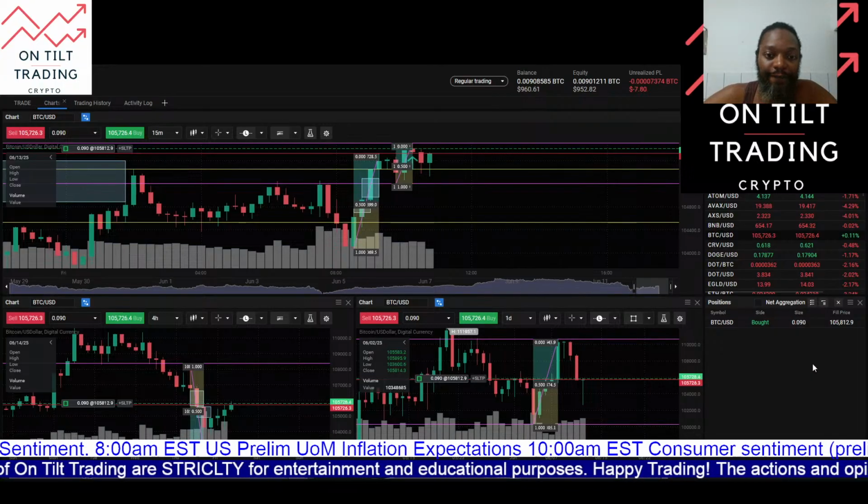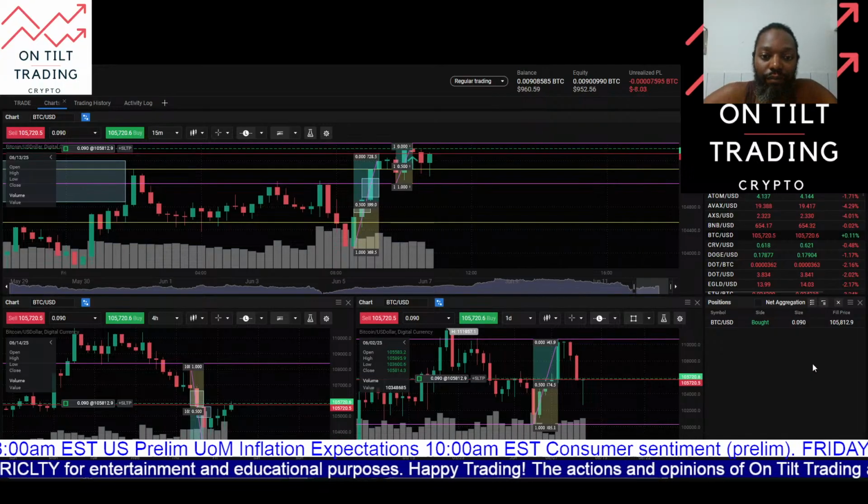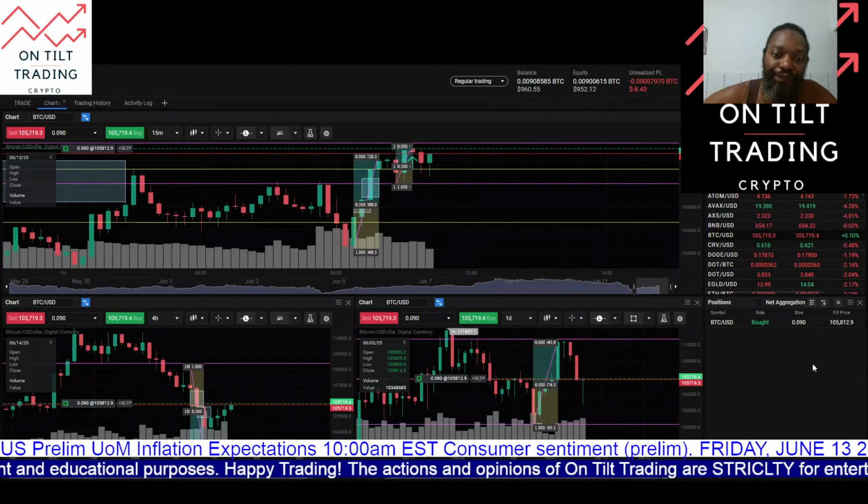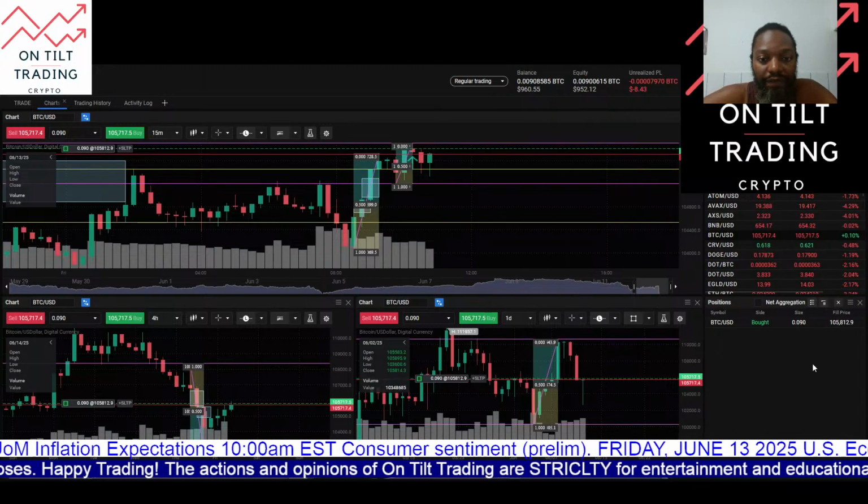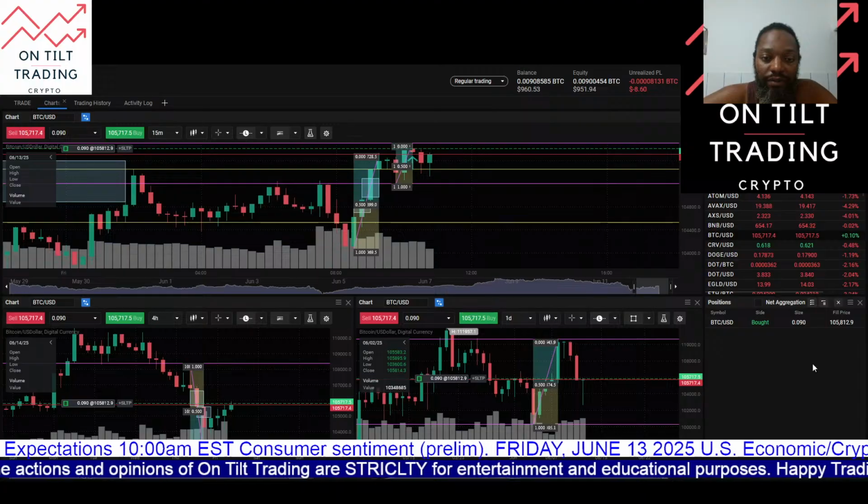Still buying, still moving higher. Less than 5 minutes left in this candle.